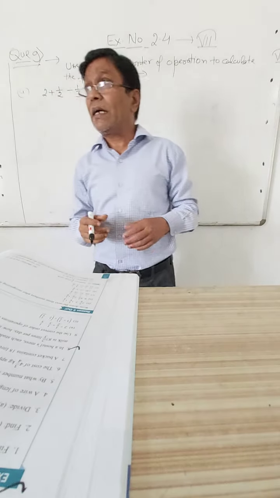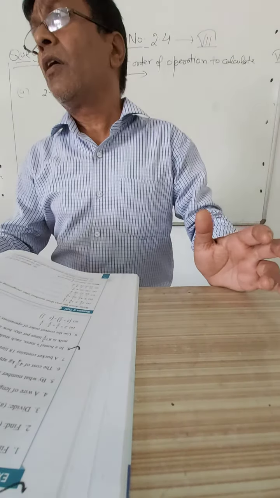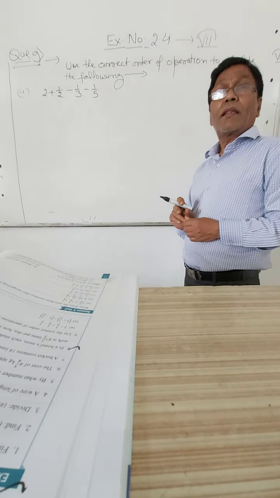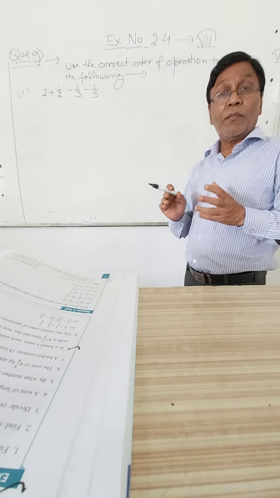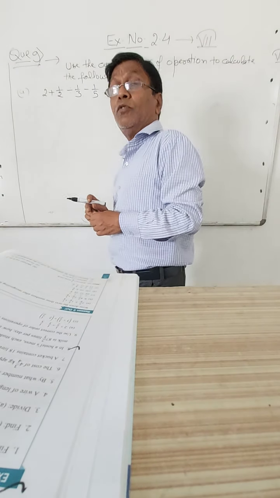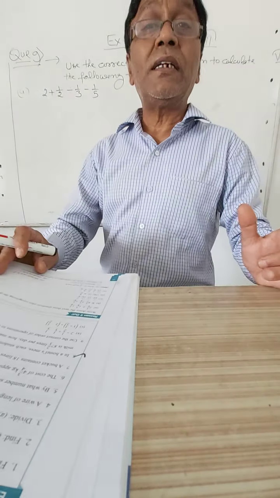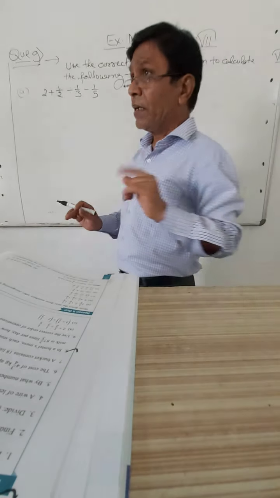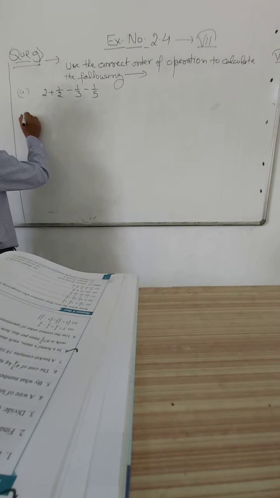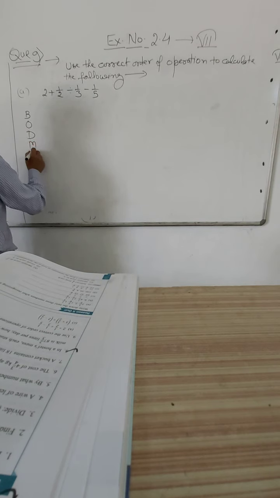What is the correct order of operation? Correct order of operation means BODMAS. In which order do we solve the question? That you must have read already. That is called BODMAS.